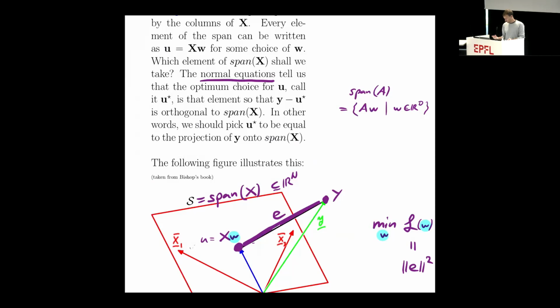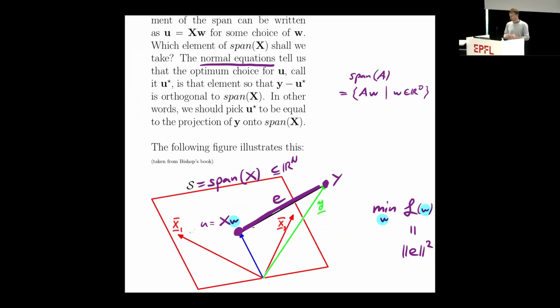Okay, so that's an alternative way to solve this problem geometrically, because we know what the closest point in the plane is, right? Of course, it's the one which is orthogonal to the Y. That's, by the way, also the same thing as if you would take the Y and project it onto the red plane, and everything in the plane is described as a combination of the X columns.